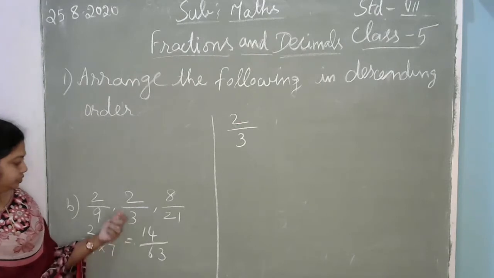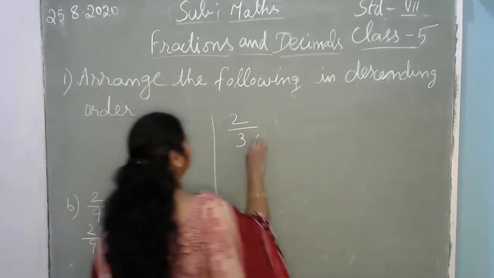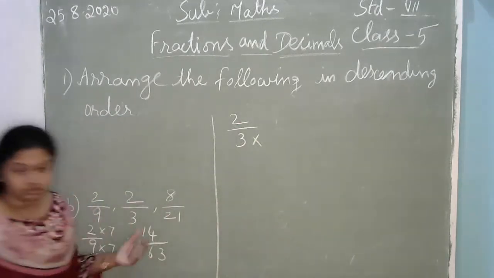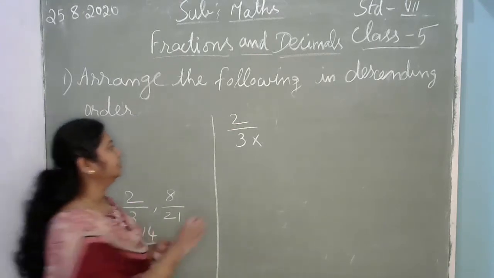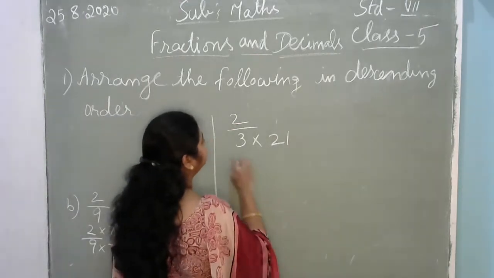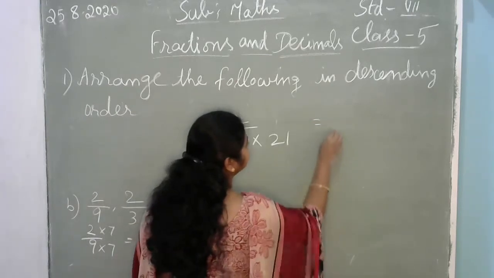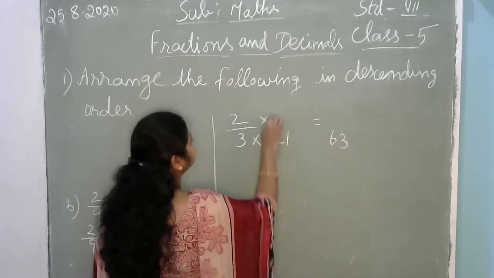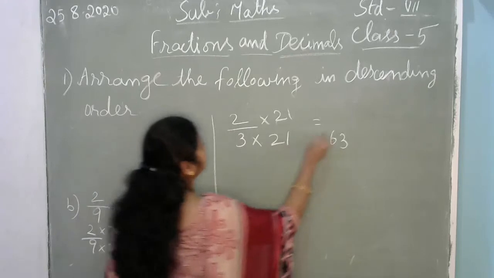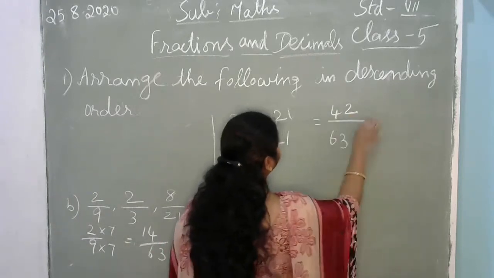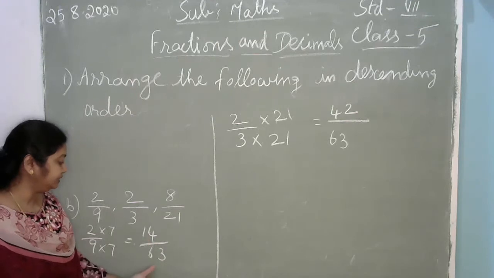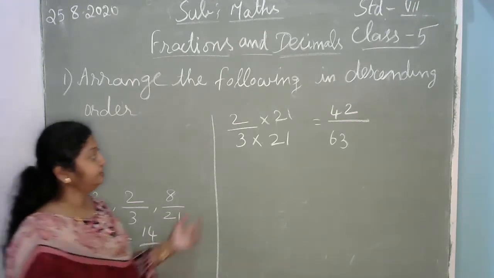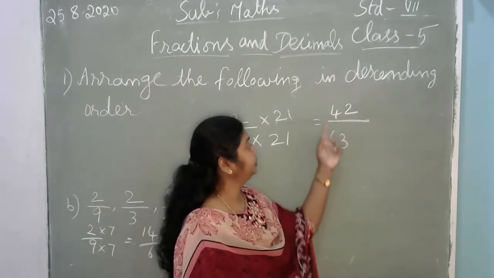With the 21, if you multiply, you will get 63. And here also you have to multiply with 21. So what is your answer? 42. See, the first fraction you change into 14 by 63, the denominator is 63. The second fraction you change into 42 divided by 63.